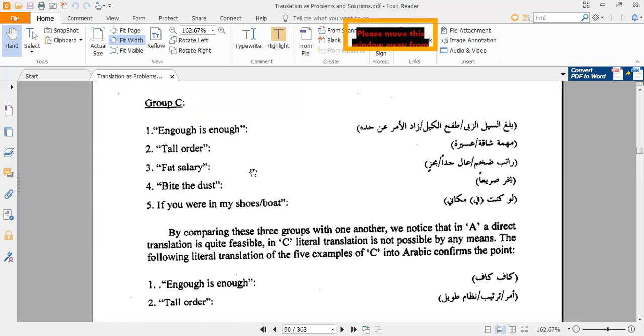So enough is enough can be translated as بلغ السيل الزبى. Therefore this third group only includes expressions and sentences that can be used only idiomatically, or with non-literal translation.